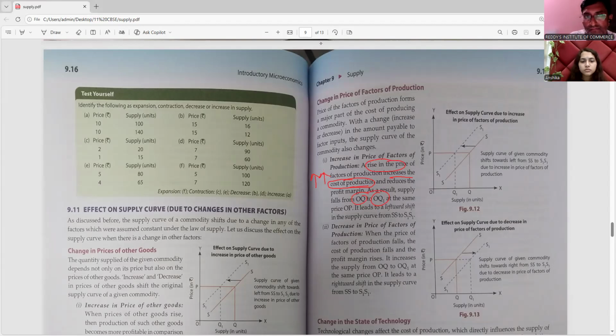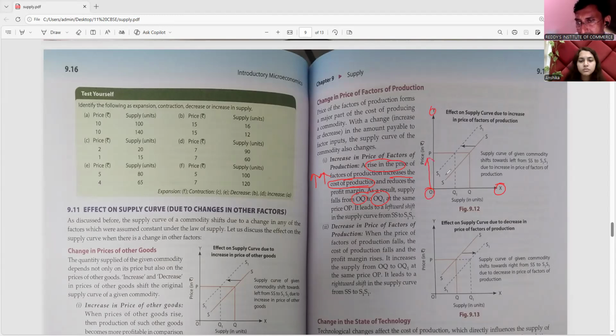OQ2, OQ1. Now, in this case, here is the O axis, here is the X axis, and here is the Y axis.